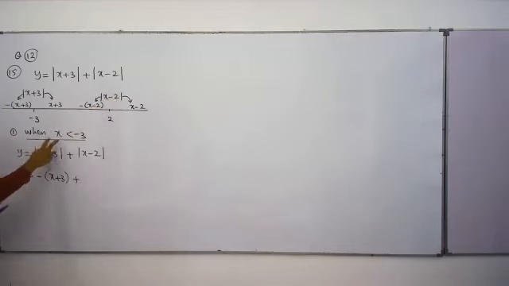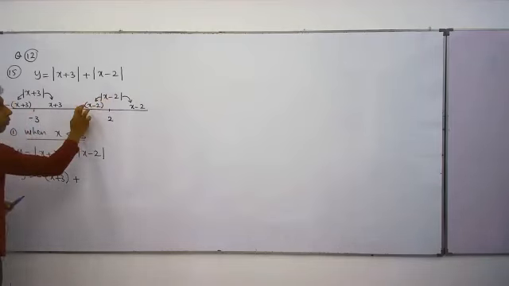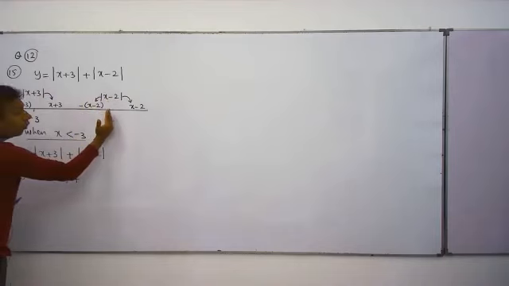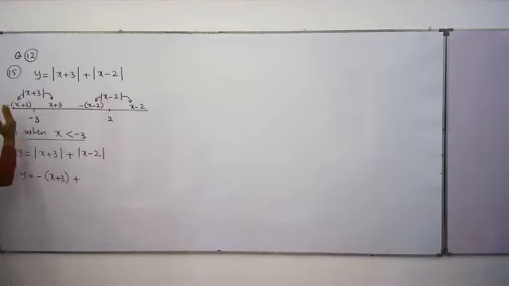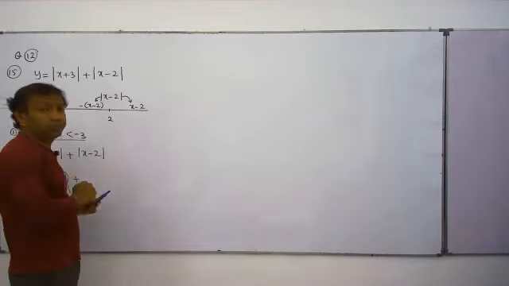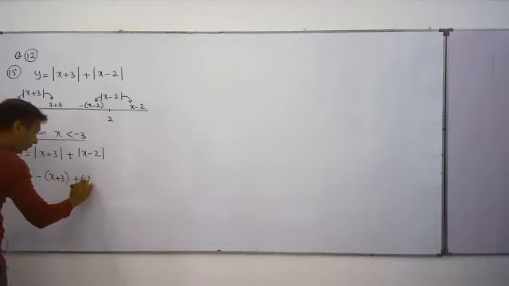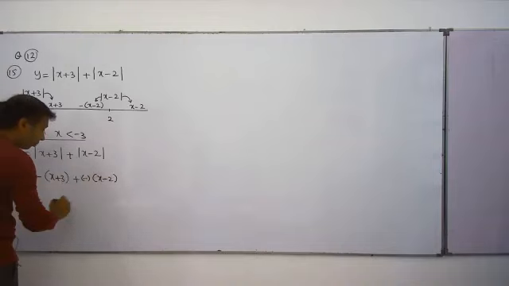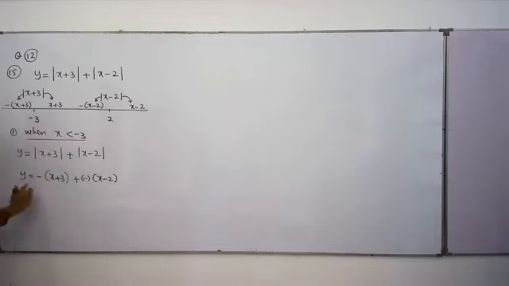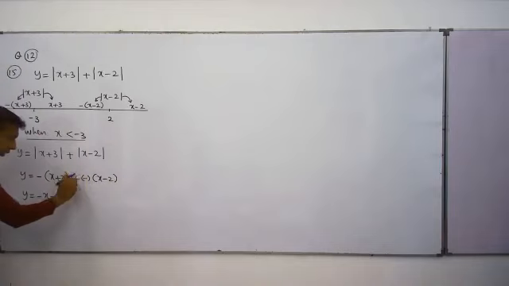But we need it on the left of minus 3, what is it? That is obvious, no? If it takes minus x minus 2 for all values on the left of 2, then on the left of minus 3 even, it takes the same minus of x minus 2. So I have to put a minus sign times x minus 2. Then remove the bracket: y is minus x minus 3, here plus and minus together make minus.